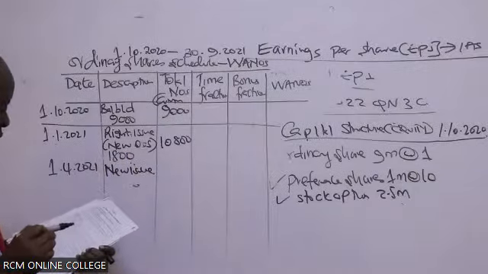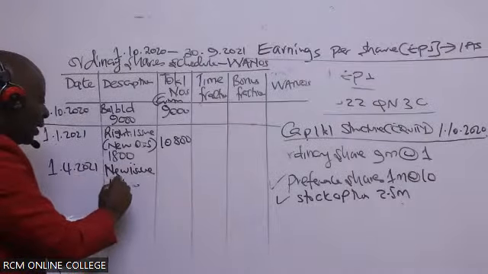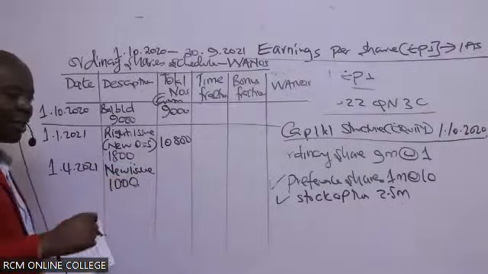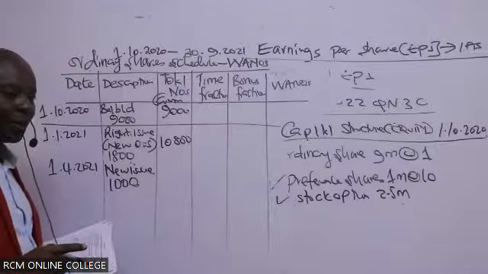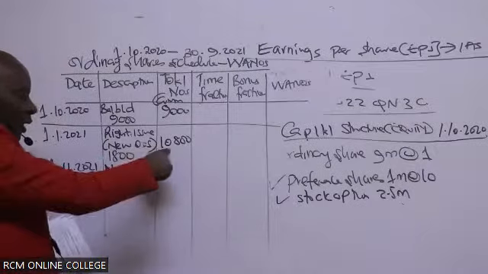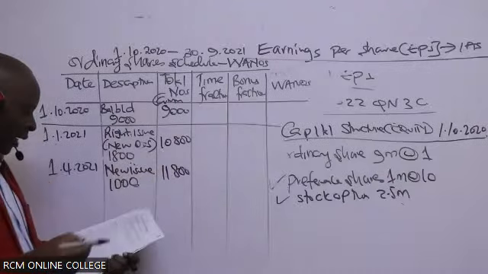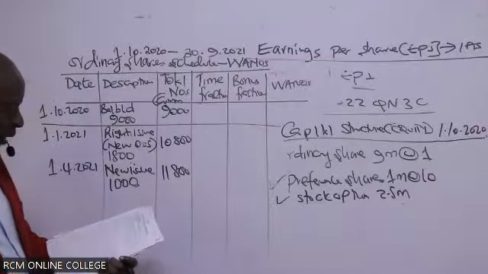So a new issue of how many shares here? A new issue of 1,000, because I'm cutting the 3 zeros. So could you kindly aggregate this here? When you take 10,800, because I want the cumulative, we are getting 11,800. And then we go to the last note, of course, apart from the income tax on note number 4.